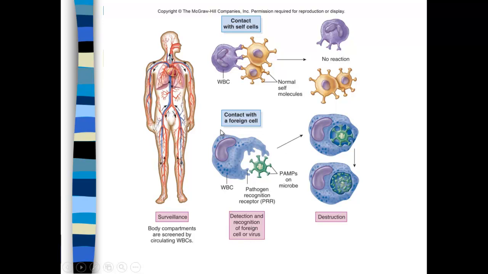However, in contact with foreign cells, these white blood cells then will differentiate into macrophages, and the macrophages will recognize a pathogen here. The pathogen has specific molecules on the side called PAMPs, and I'll tell you what PAMPs are in a minute. And then the white blood cell phagocytizes the pathogen, the pathogenic microbe, eats it up, destroys it, and then eliminates the cell particles.